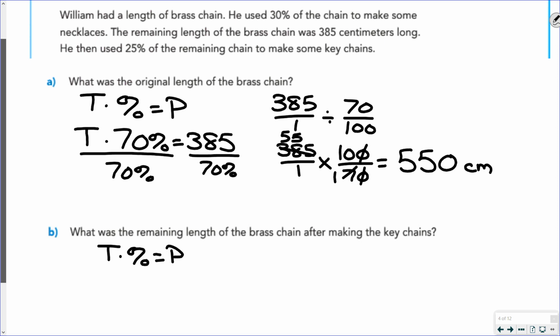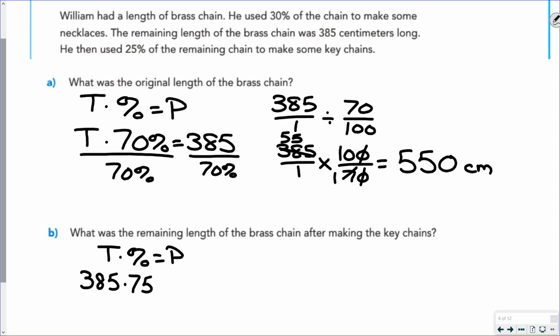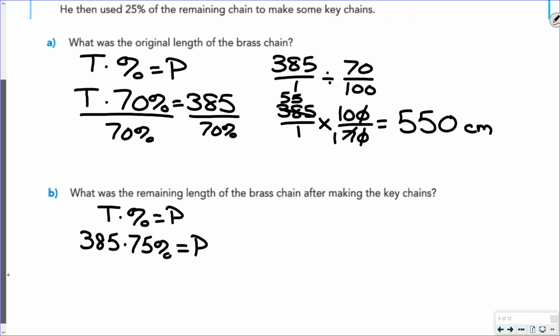So our total now is 385 centimeters because that is the remaining length at the start. And if he uses 25%, and we want to figure out how much he has after making the keychains, well, if he uses 25%, he would have 75% left, which would equal the part.